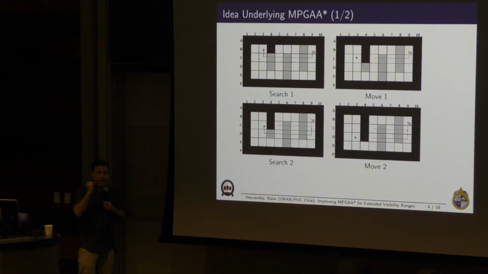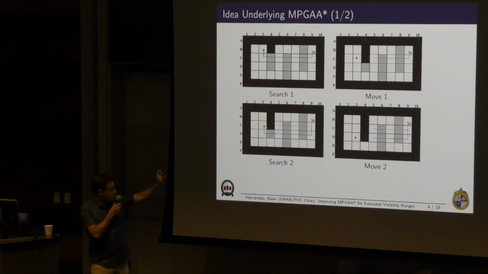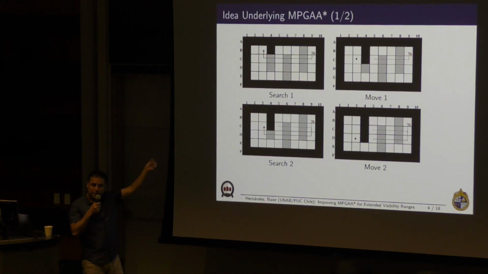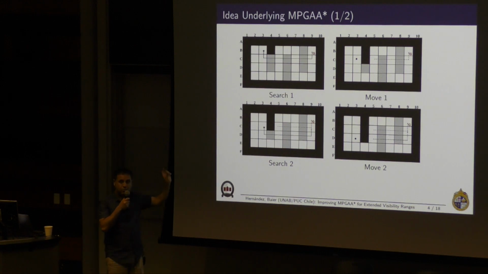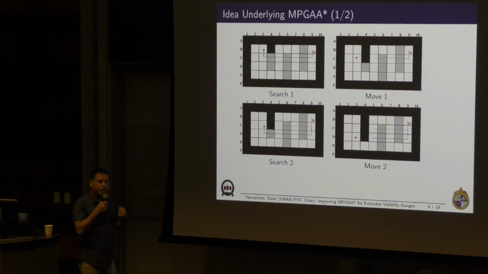What is the main idea of MPGAA star? Specifically, what does MP mean? MP means multipath. The idea of multipath is that, suppose that the agent is in this cell P3, and the goal cell is B9, and the visibility range is 1, and the agent can only see these blocked cells.